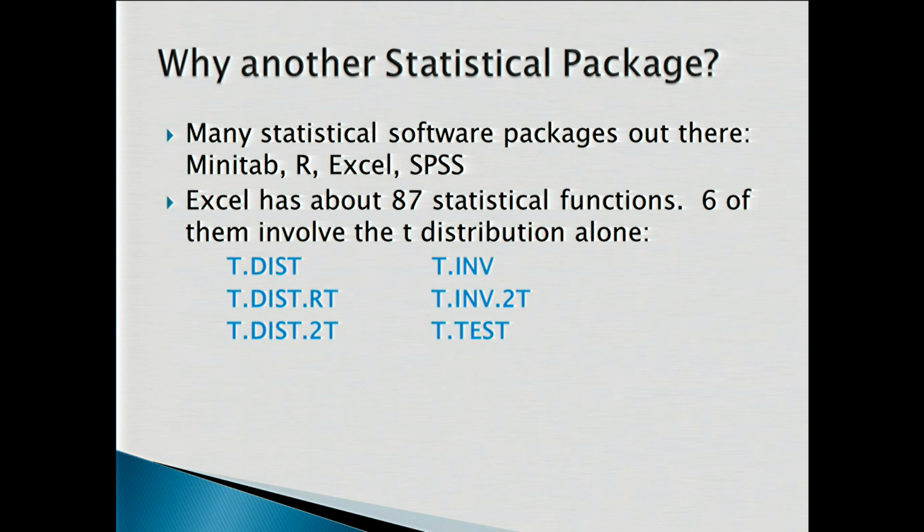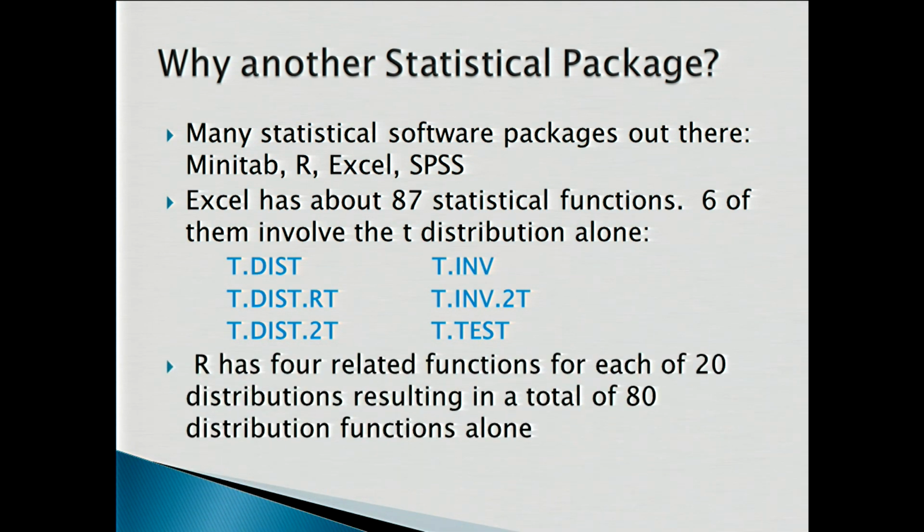They used to stick the names together like T, I, N, V, and then started putting dots in between the names of the functions, I guess, to make them more readable and to show how they're related. R has, for each statistical distribution, about 4 different functions, so for distributions alone, they have about 80 different functions. There are lots of functions out there.